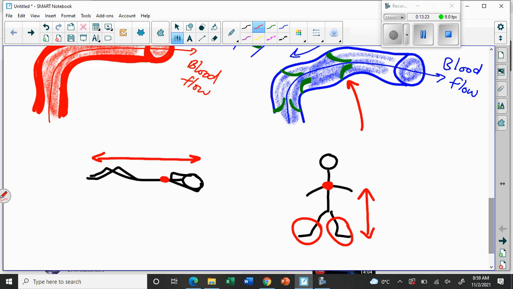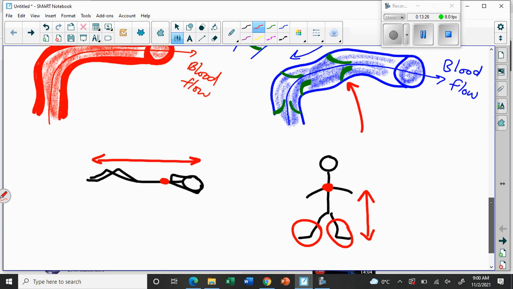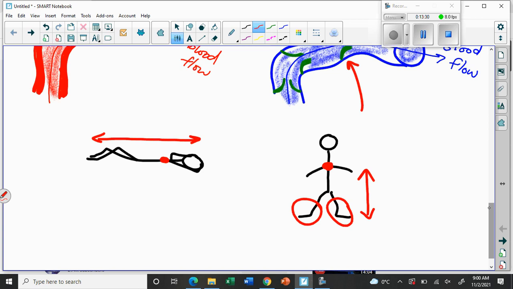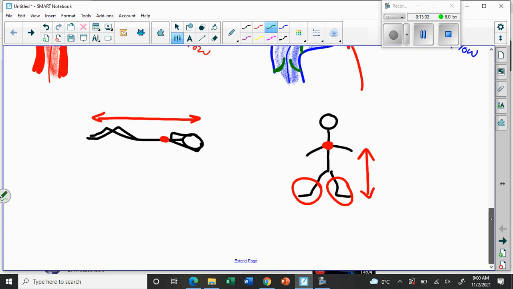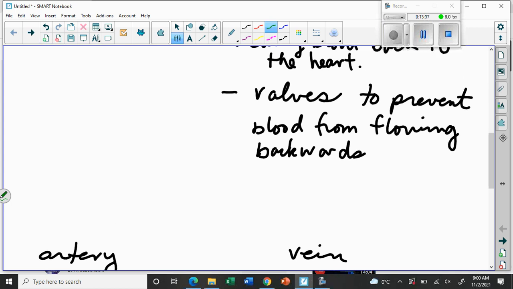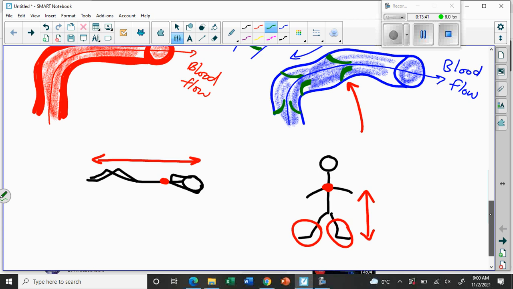Another thing that also helps the blood move up the legs, right? So an important thing, let's write a little something here. Let's go back up to our valves. Valves prevent blood from flowing backwards, okay? Maybe we'll go under since you probably don't have room.